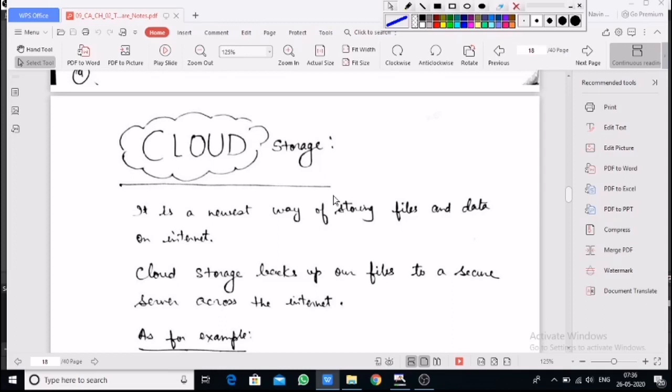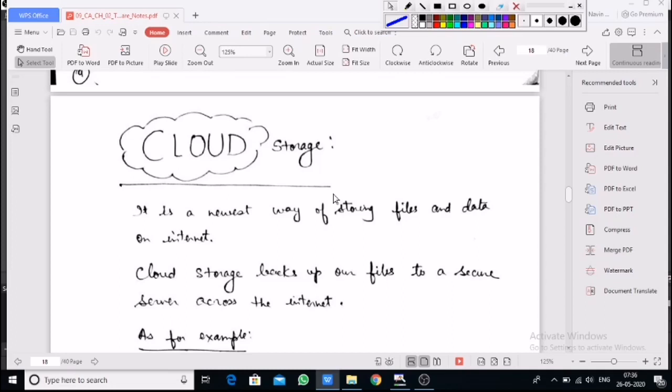Many companies have converted themselves to cloud storage. In such a case, they will not be equipped with devices and all. They just purchase the machine, the basic equipment, but the rest remains on the cloud storage on the internet.